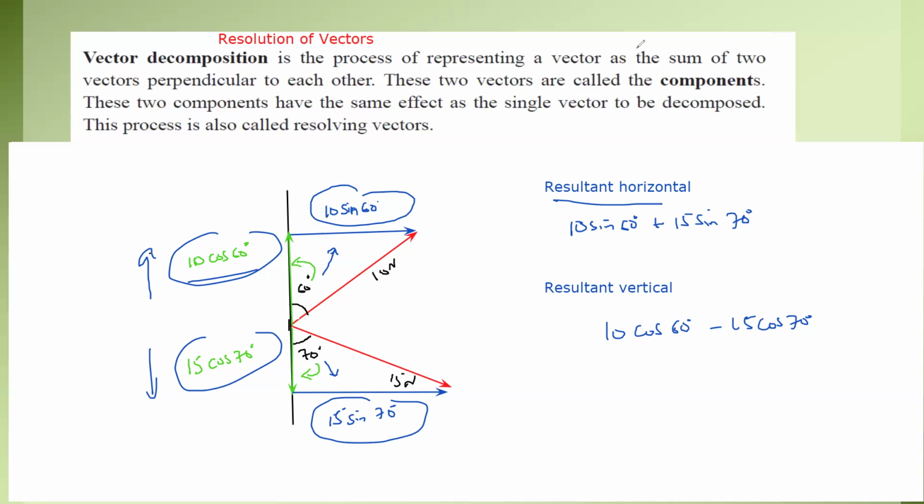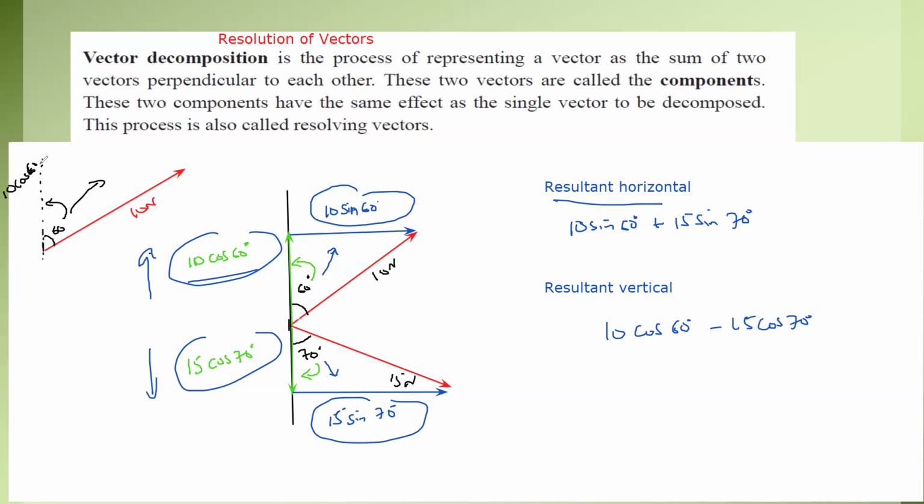If I separately resolve them, say I was having a 10 newton vector and it was making an angle of 60 degrees here. Because a component which is along the angle is always written with cosine, that's why this was 10 cosine 60.